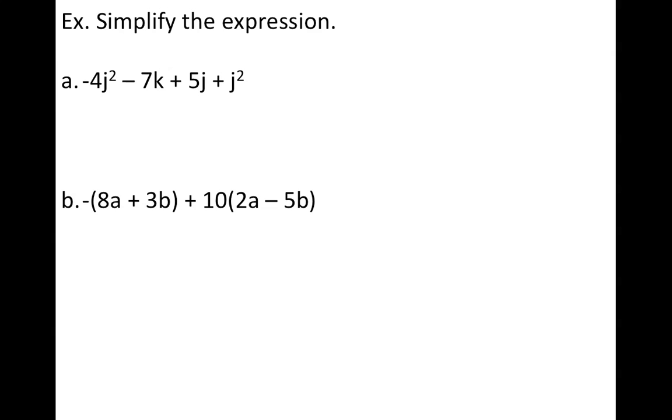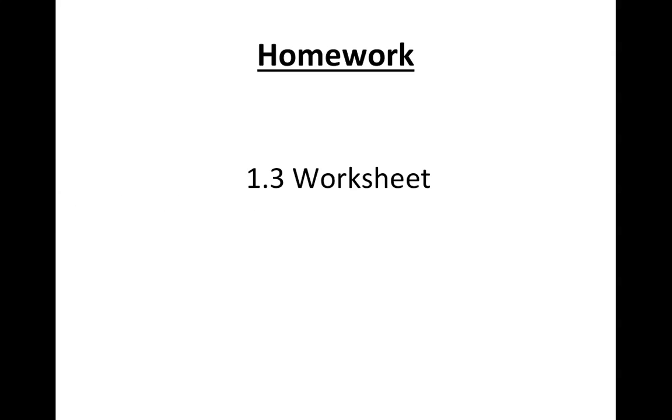So A again, negative 3j squared minus 7k plus 5j. And for B, you should get 12a minus 53b. Again, 12a minus 53b. Now, this is the end of 1.3. Come to class prepared to work on the 1.3 worksheet.